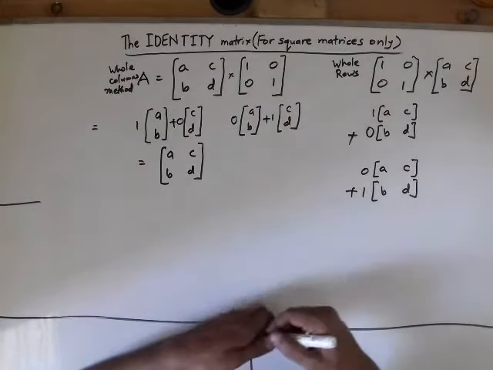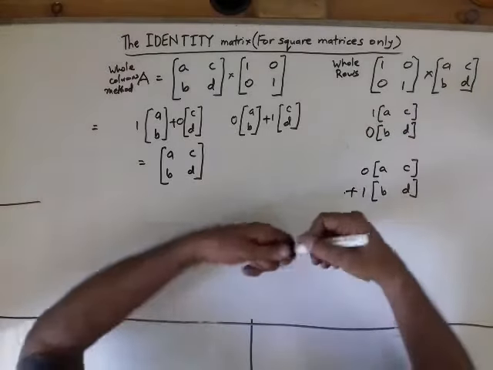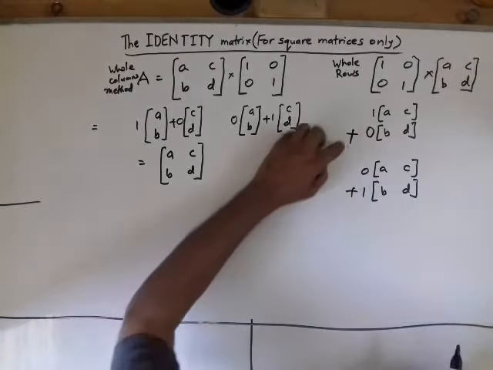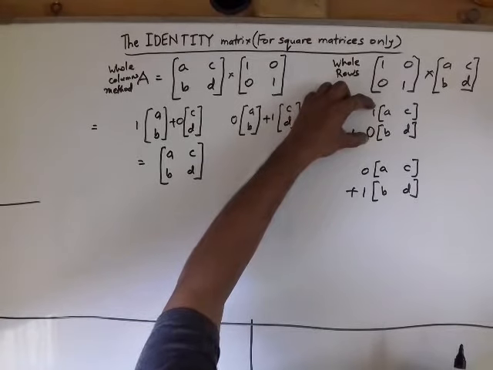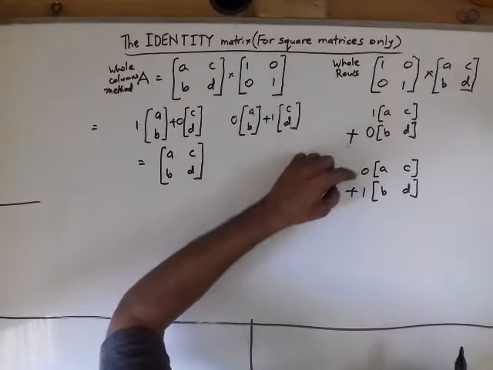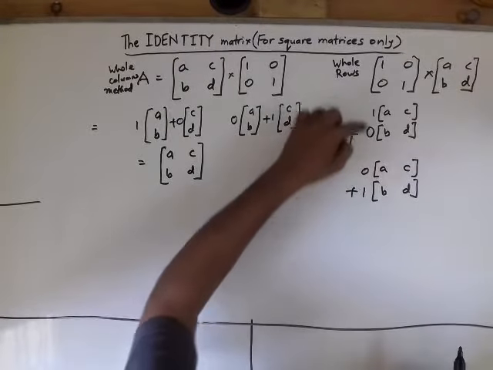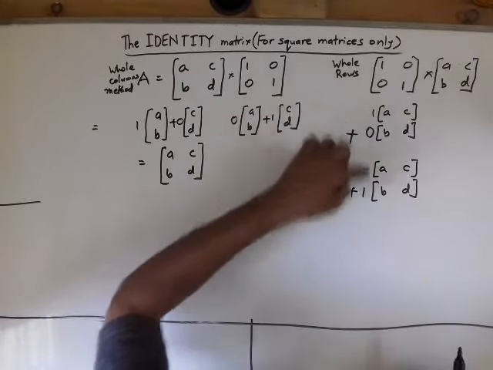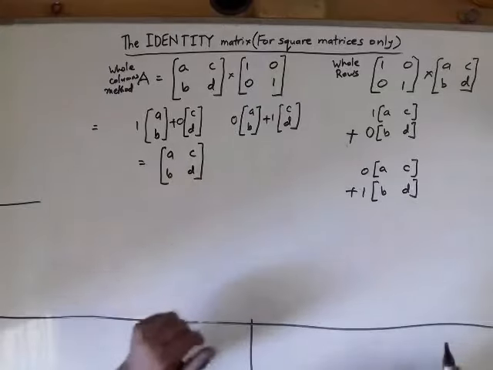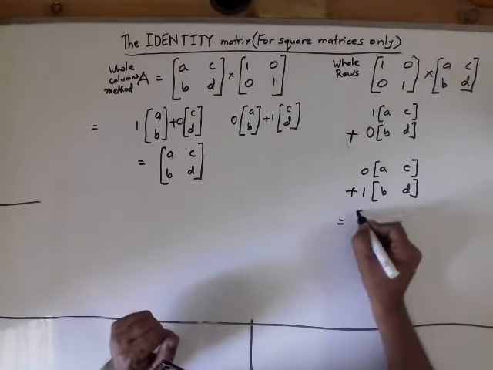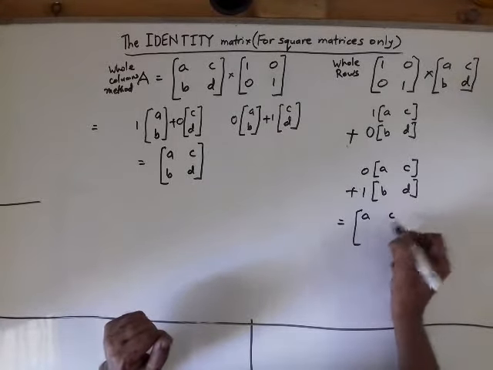The other thing is happening here because we are working with rows now. Here in this row, the upper row of the result matrix, BD is going to get zeroed out, and here AC is going to get zeroed out, whereas here AC is going to stay unchanged and here BD is going to stay unchanged, and hence what you are going to end up with is AC, BD.